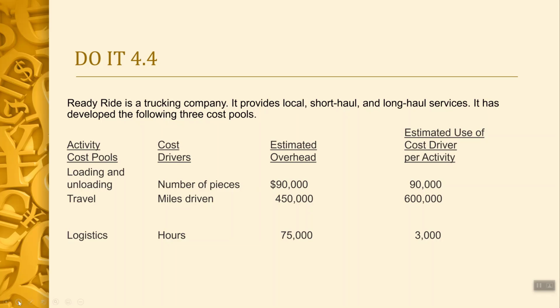And for logistics, the estimated overhead is 75,000, and the estimated use of that cost driver is 3,000. So we already had the first two steps for activity-based costing figured out. We now need to find the overhead rate and then apply it to the company.